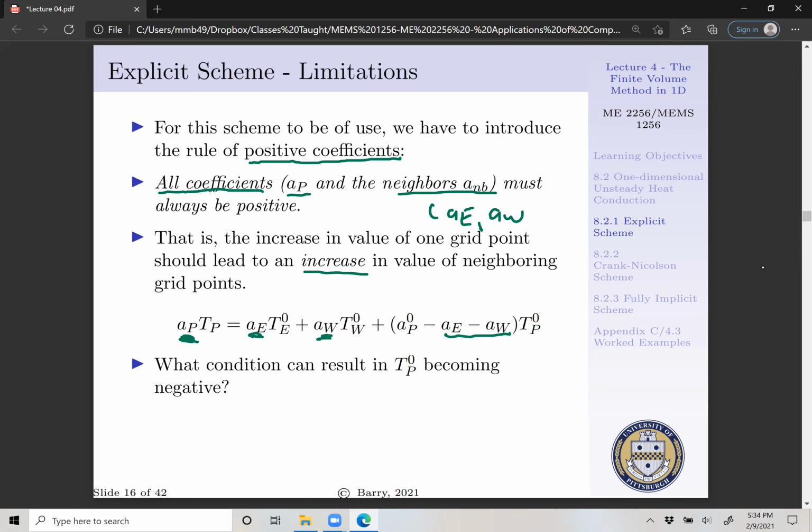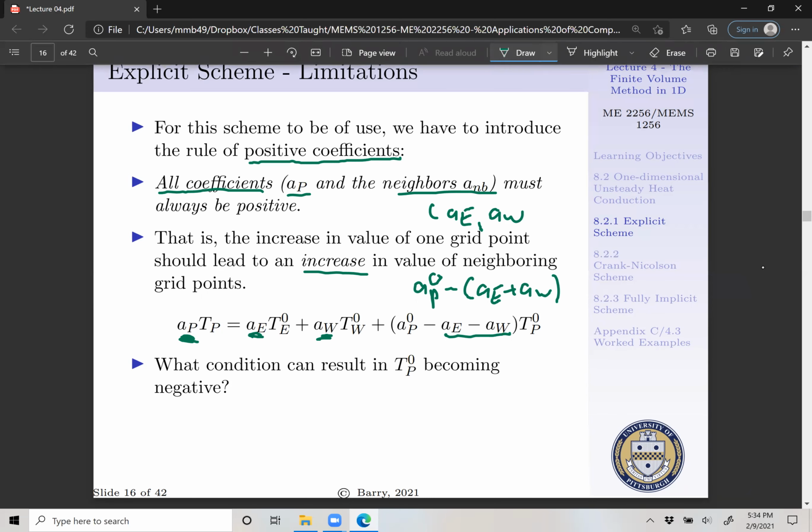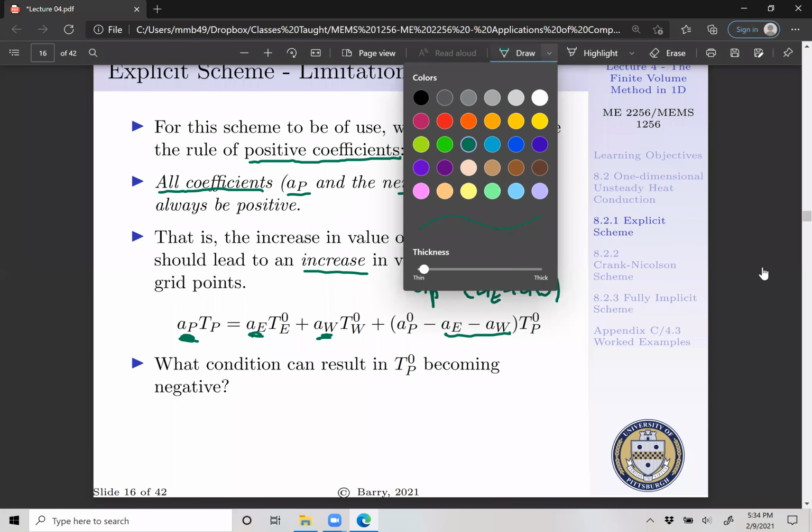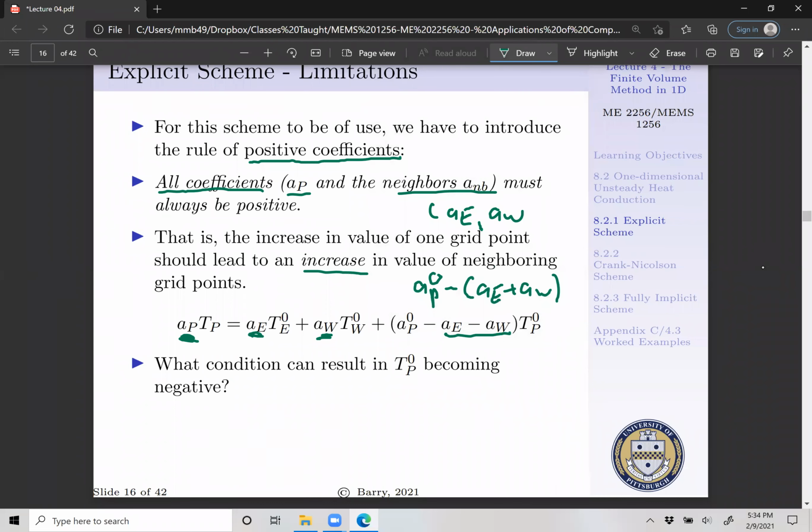Now, what we got here is we have AP naught minus A east plus A west, right? This is the coefficient leading TP naught. How can this be negative, which would violate our rule of positive coefficients?